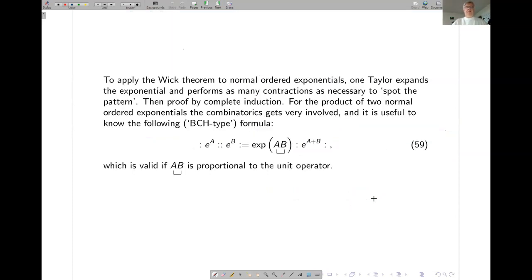Of course, in principle, you should write everything out until you see a certain pattern and then try to prove the result by complete induction.